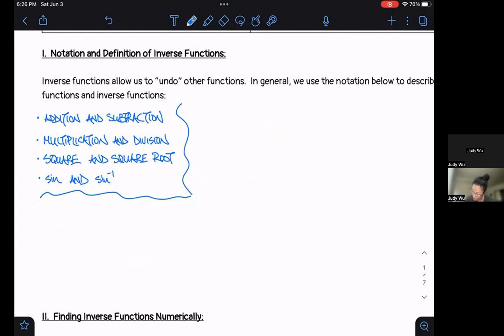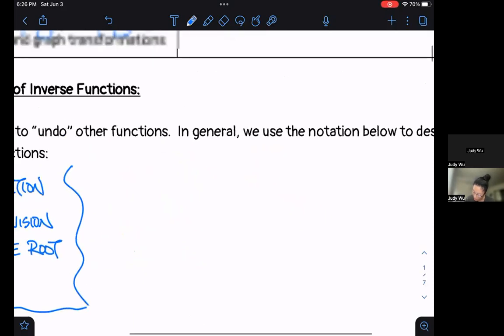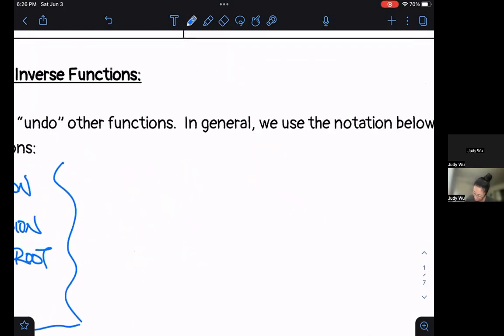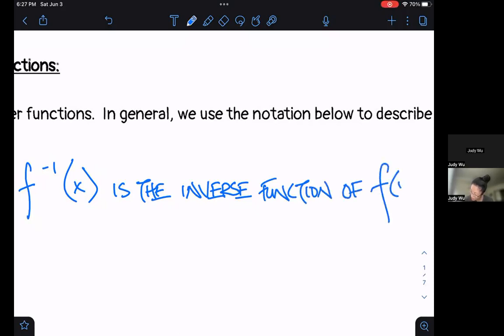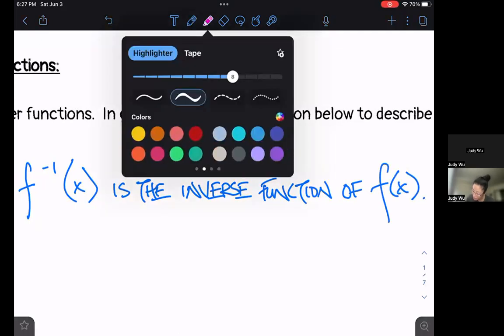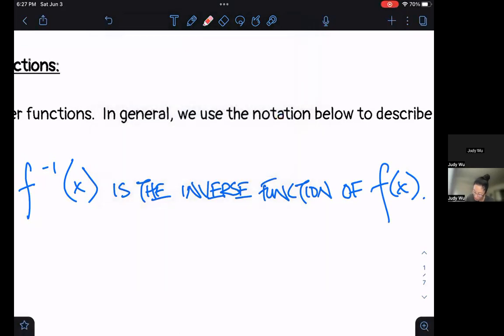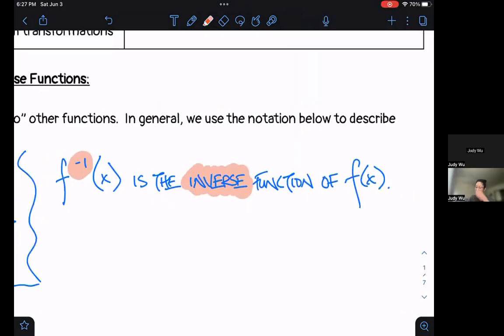So we're going to write it like f with a little minus 1 of x is the inverse function of regular f of x, okay? And so if we want to bring some colors in here to make sure that we are seeing the right piece of information, this minus 1 is the part that means inverse function, okay?